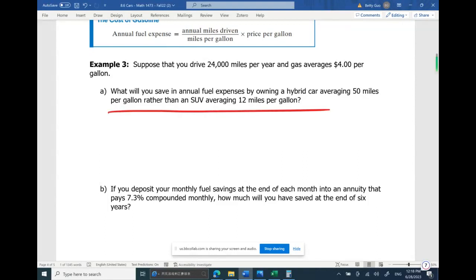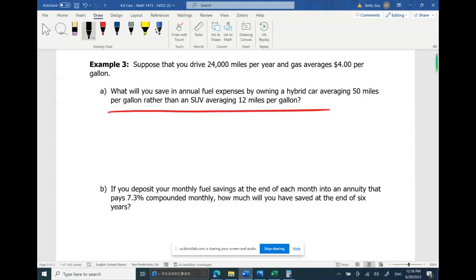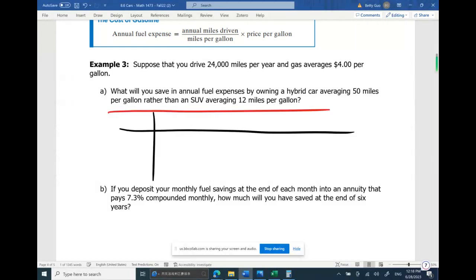Let's make a table again. This is the hybrid. This is the SUV. And for the hybrid, 50 miles per gallon.